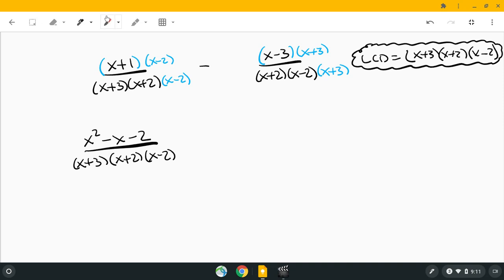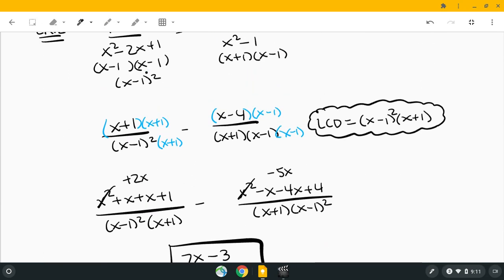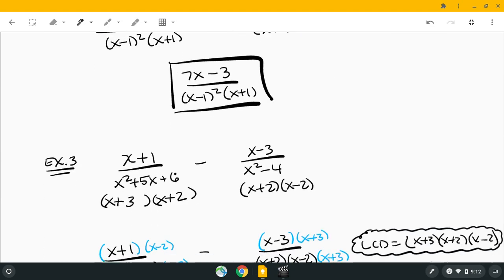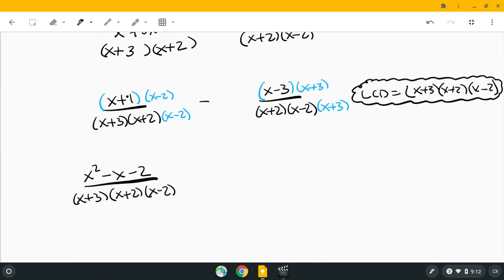You can write it out the way we did here, where we have all 4 terms, right? x times x is x squared. x times 1 is x. 1 times x is x. 1 times 1 is 1. You can do that. I do this middle part in my head. So that's the outside 1x, inside 1x, giving me 2x. Okay? So that's all I did over here. Outside negative 2x, inside 1x. That gives me negative 1x.